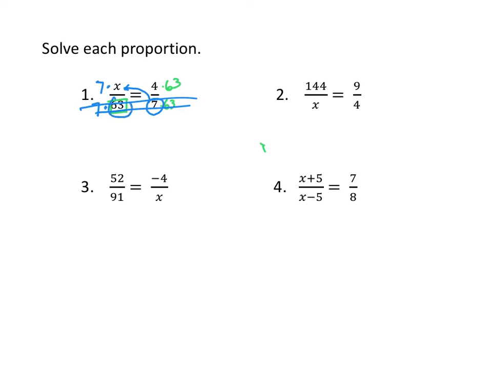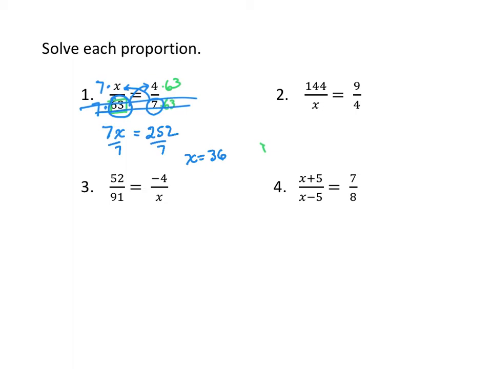It's the denominator on this side times the opposite numerator. So we really just have 7x equals 4 times 63, which is 252, I think. And then we could divide by 7. So x equals whatever that comes out to be. And I think it goes in there 36 times.